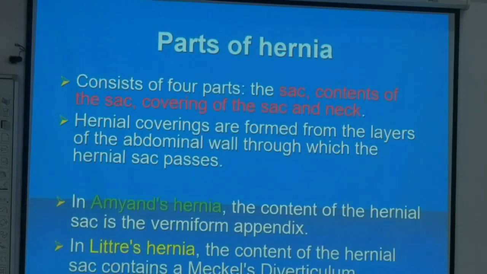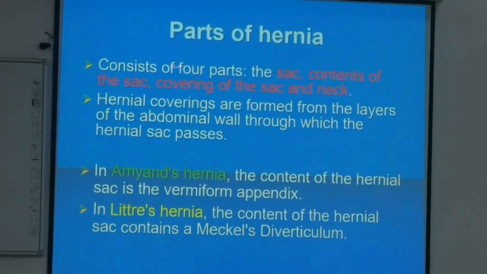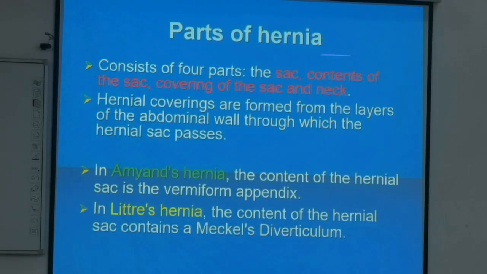Next, what are the parts of the hernia? Hernia consists of four parts: the hernial sac, the contents of the sac, covering of the sac, and neck of the hernia. Okay, according to the content of the sac, the name of the hernia is different. Hernial coverings are formed from the layers of the abdominal wall through which the hernial sac passes.